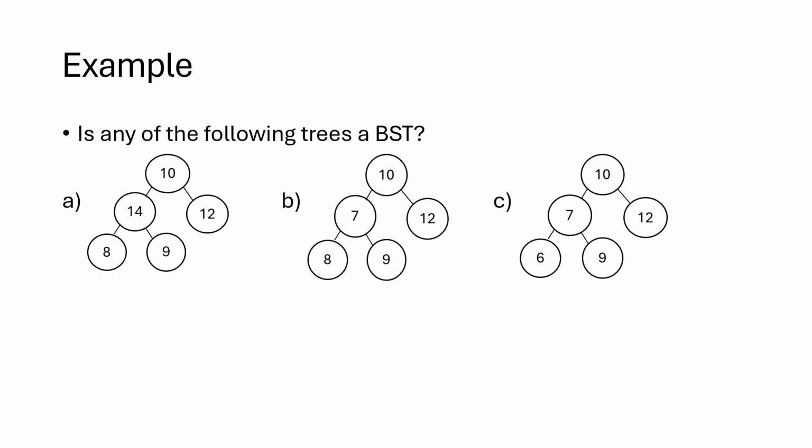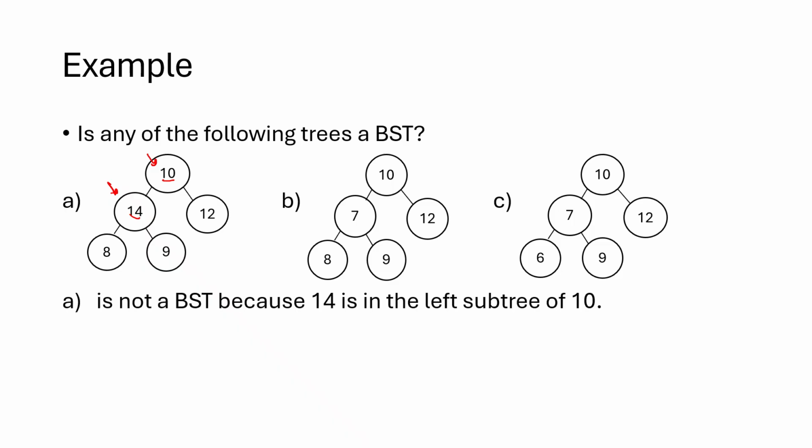Now, if you look at A, we immediately notice that here we have stored 14 on the left subtree of 10, but the values on the left subtree are supposed to be less than the value at the node itself, and 14 is not less than 10, so because of that, A is not a binary search tree.